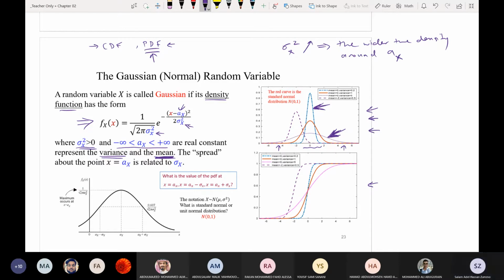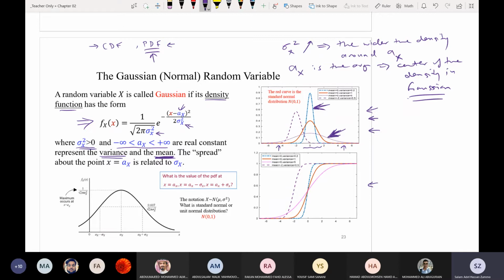And AX here is the average, which is basically the center of the density in Gaussian only. This is not necessarily true for all random variables. For a Gaussian, it's the center of the density.